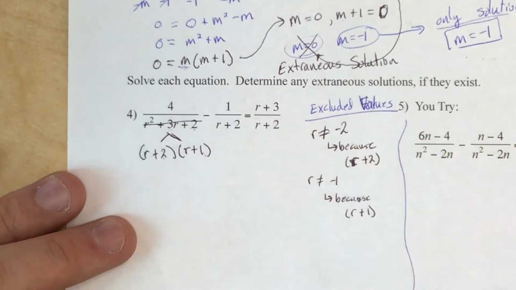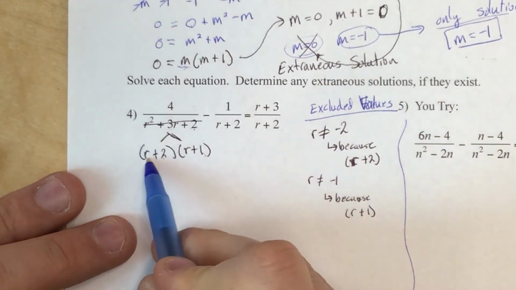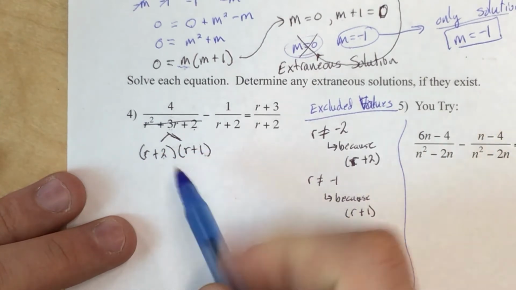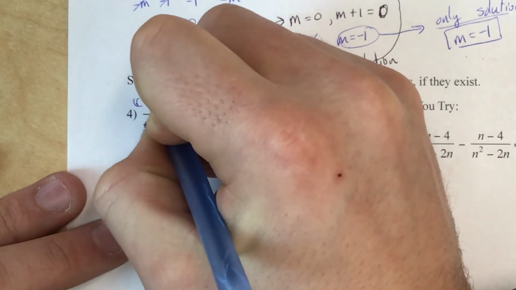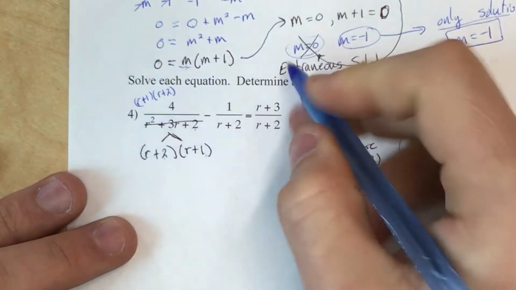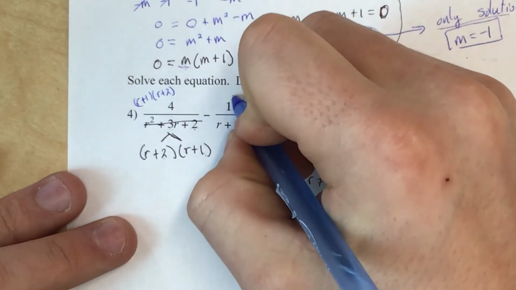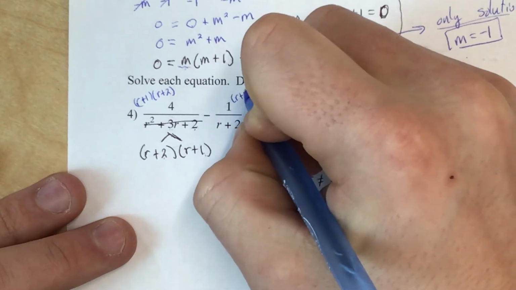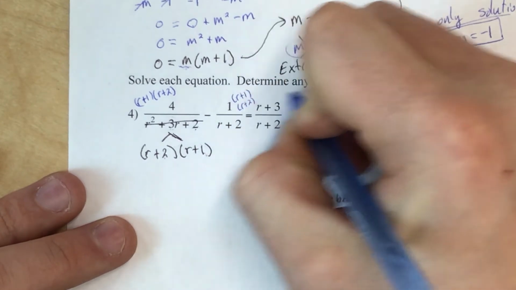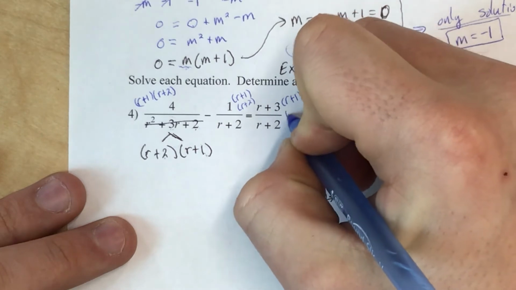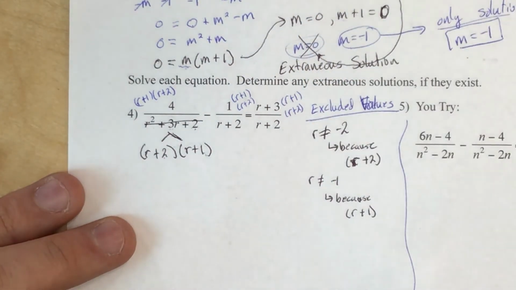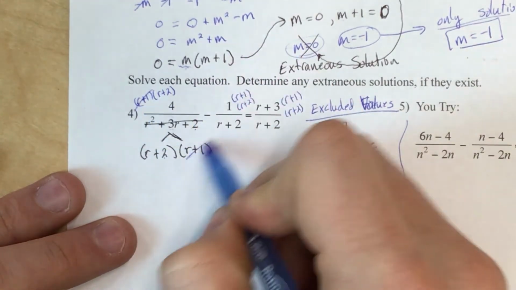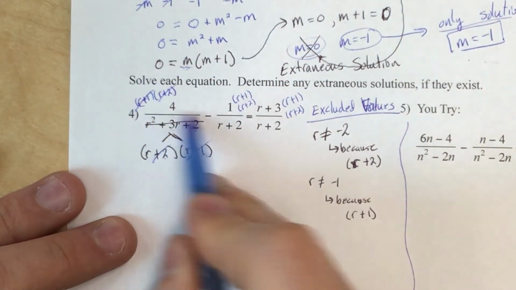Now let's solve this equation normally by eliminating the denominator. To get rid of r plus 2 and r plus 1 in the denominator, we're going to multiply by r plus 1 and r plus 2 in the numerator as well, in all terms. In the first term, the r plus 1 and the r plus 2 are eliminated, so there's no denominator left.